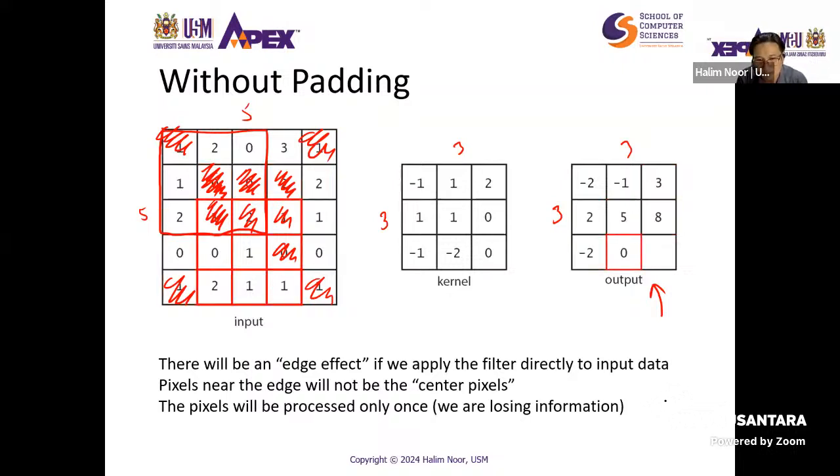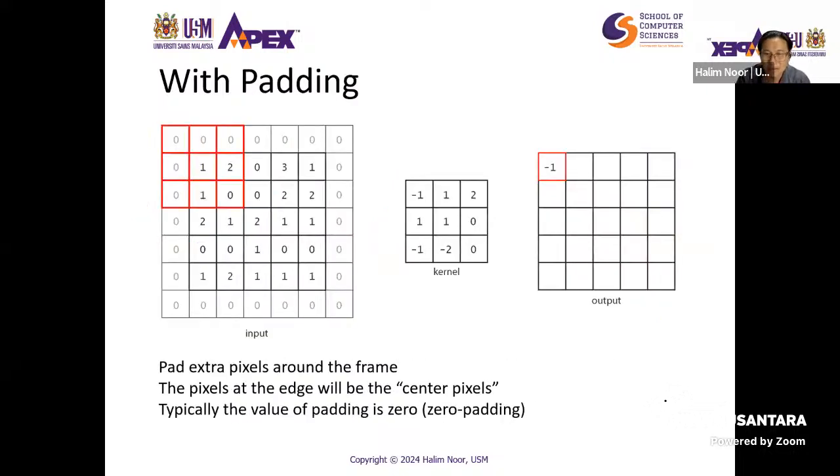Because they get processed only once, we might lose some information, or we call it an edge effect, right? So in order to overcome it, we can use padding to avoid this information loss or edge effect.